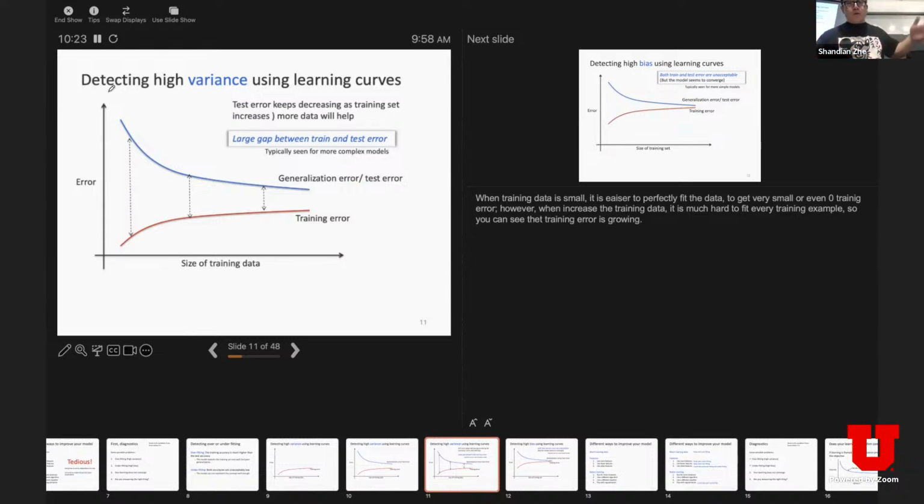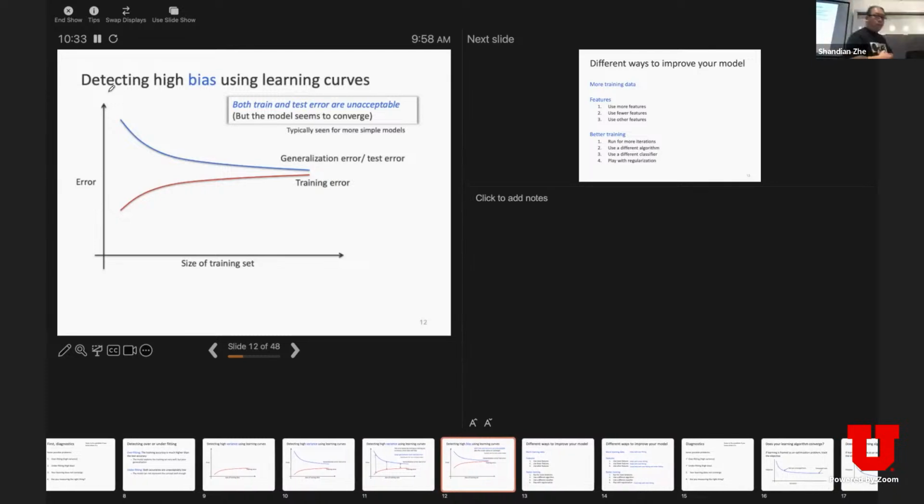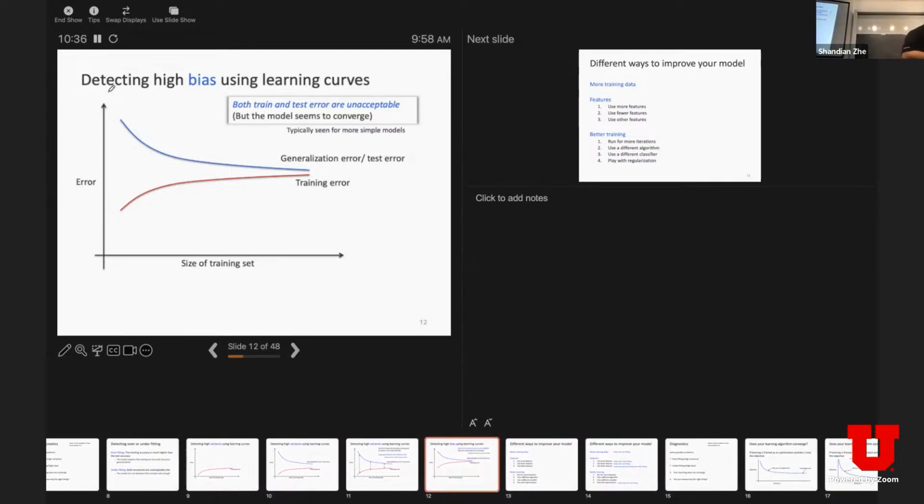Although with the growth of the training data the gap gets smaller and smaller, there's still a big difference. That's the typical behavior of overfitting. But for underfitting, you see that the training error and test error are much closer. I'm not saying they will be exactly the same, but they are much closer. However, both the training and test error are much larger. Then it's typically underfitting.